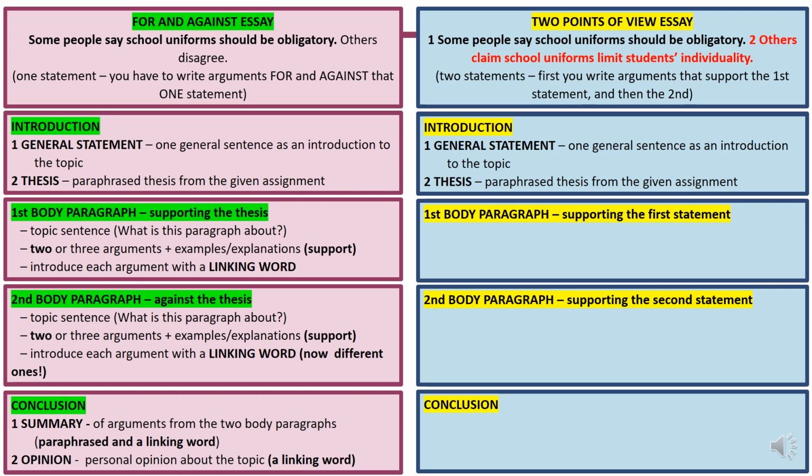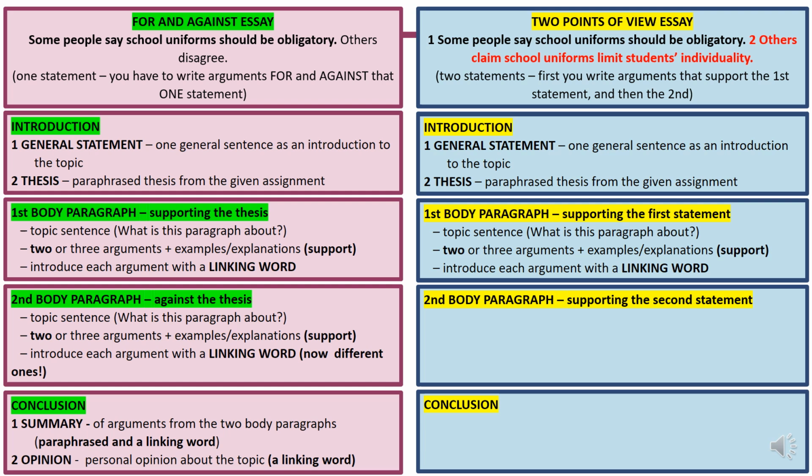First body paragraph and second body paragraph in fact have the same structure, meaning you need the topic sentence, you need 2 or 3 arguments that are well supported, and each of these arguments needs a linking word. Firstly, secondly, or to start with, moreover. These are the most common.